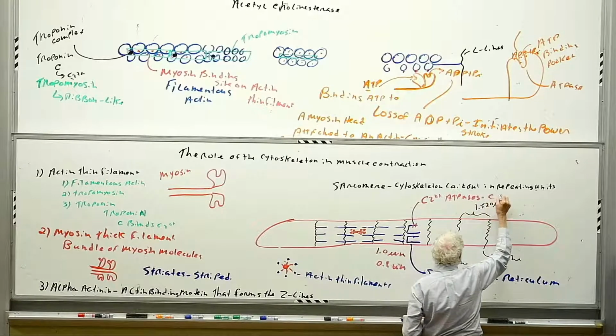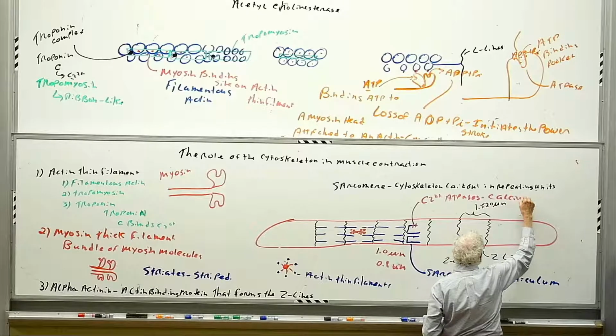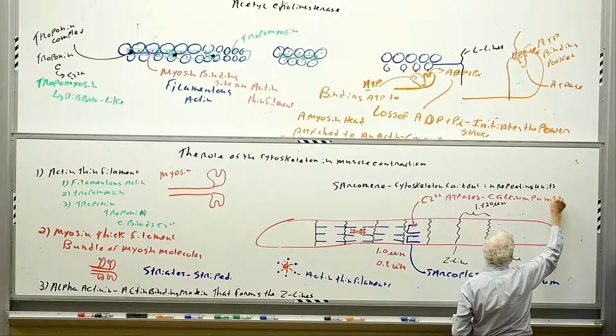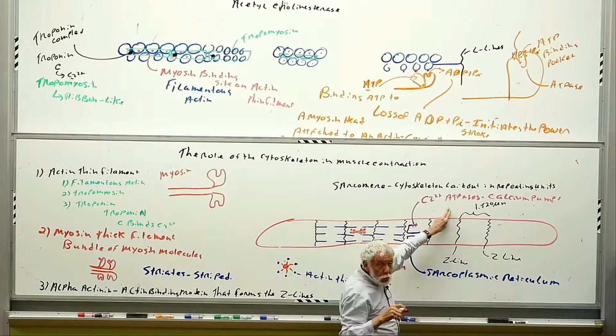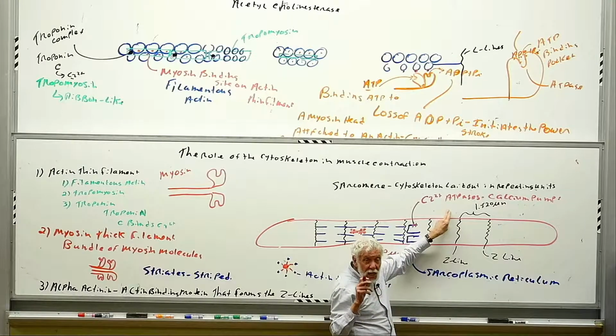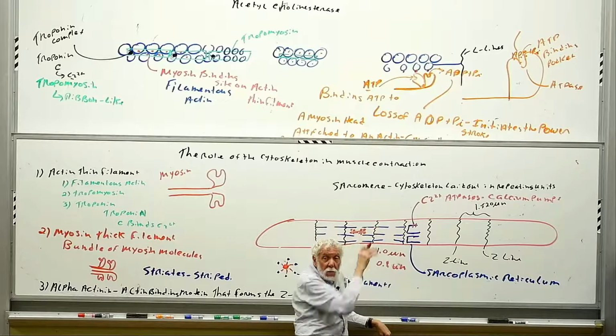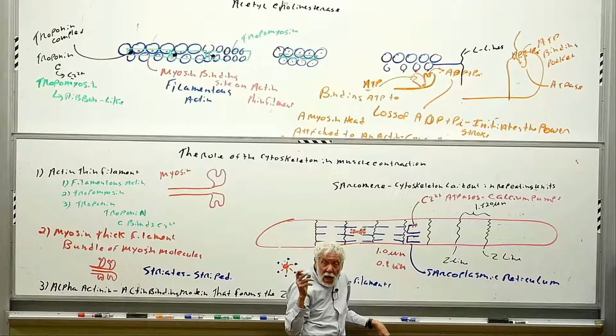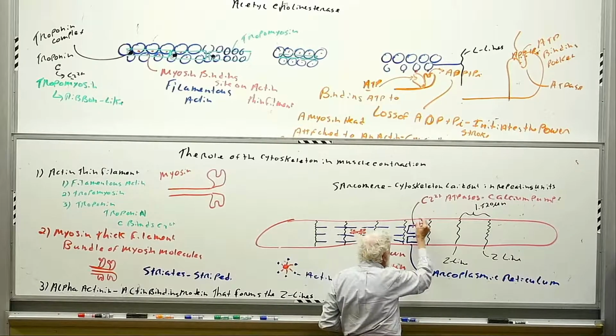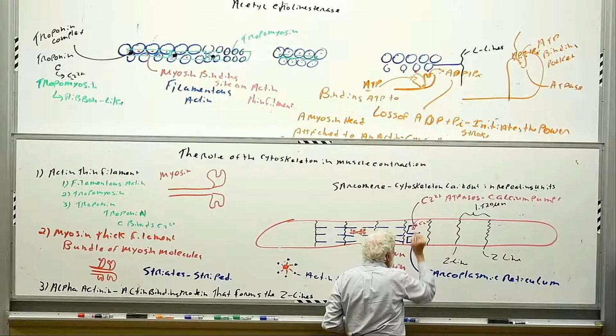These are calcium pumps. They use ATP to take calcium, which is in the cytoplasm. Remember, we dumped a lot of calcium from the sarcoplasmic reticulum out into the cytoplasm, and these pumps now are busily moving calcium back into the SR.